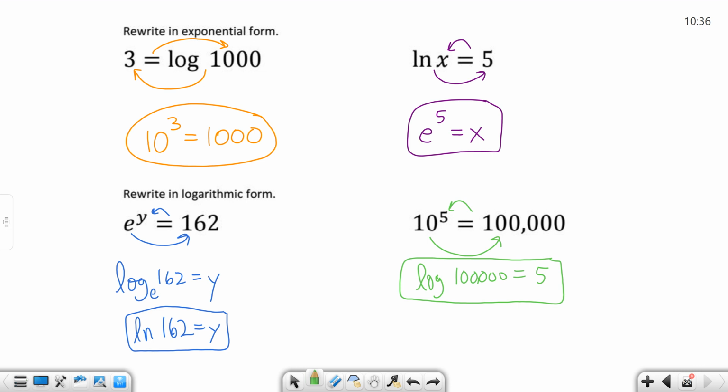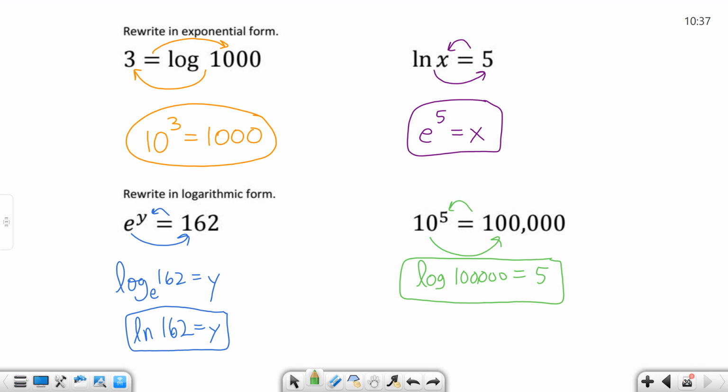And I don't like my spacing here. You don't know this where you're at, but this is low on my board. So let me just fix this whole word log. I want that all to be on the same line because it is. All right, log of 100,000 equals 5.